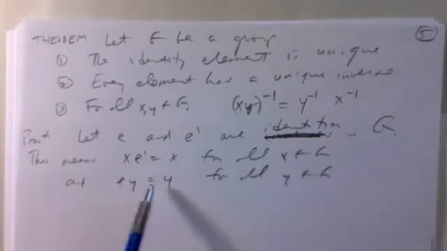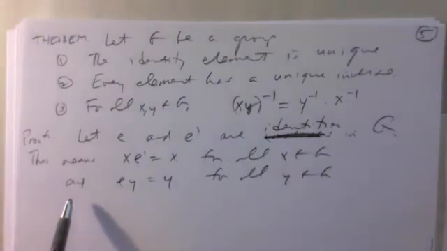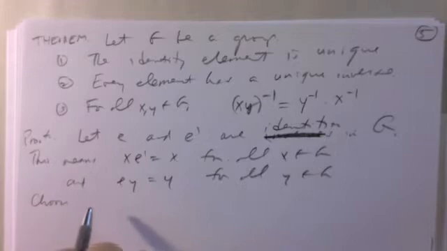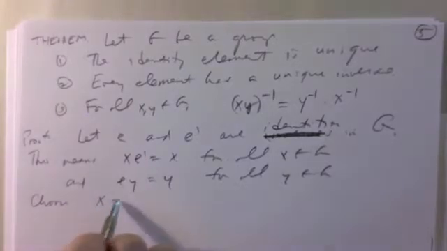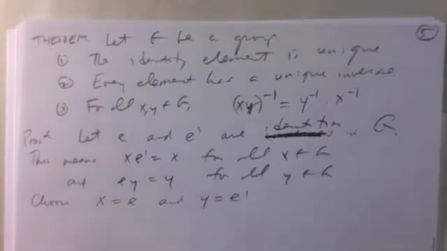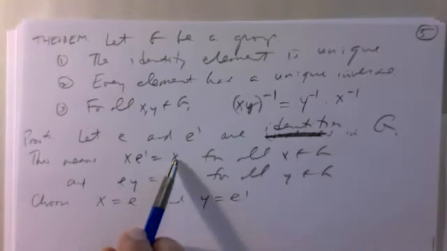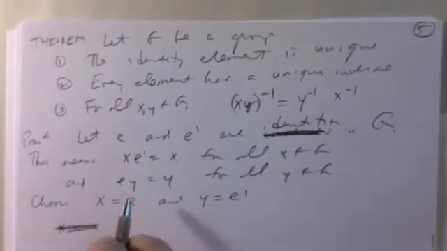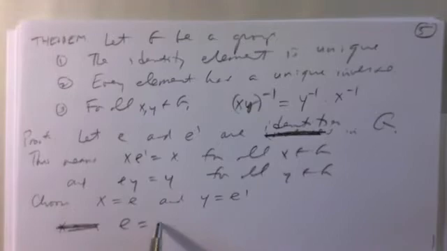If e is the identity, it satisfies this. So x can be anything, choose x equal to e, and y can be anything, choose y equal to e prime. So from this expression, if I let x equal e, e is equal to e times e prime.